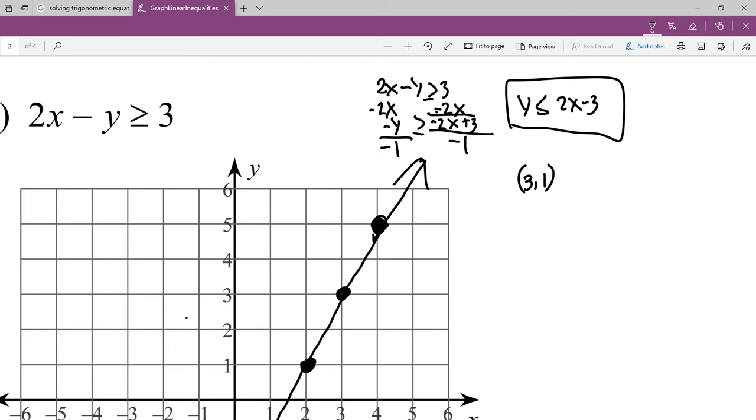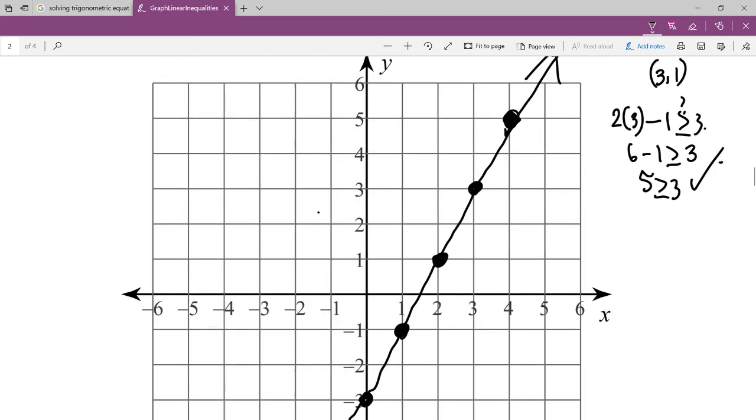So you test it. You say 2 times 3 minus 1, is that greater than or equal to 3? 6 minus 1 is 5, and 5 is greater than or equal to 3. That's true.